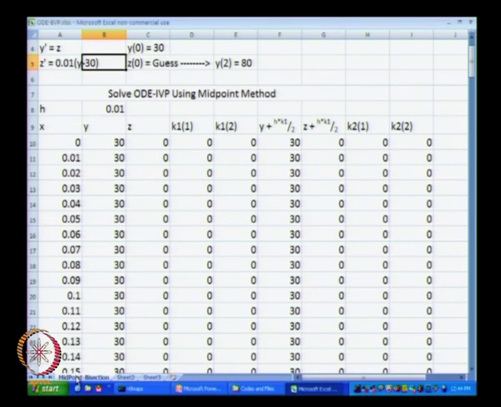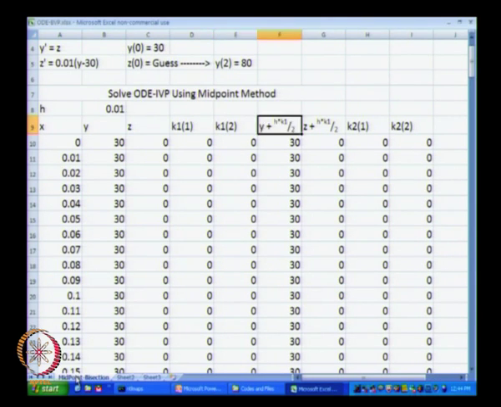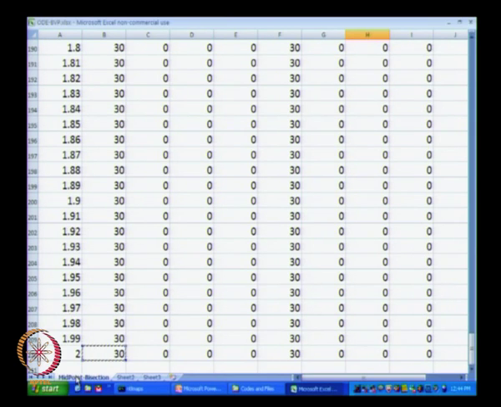So, now we are going to use the bisection method in order to solve this boundary value problem. What I mean by that is, what I am going to do over here is list out the various values that we are going to get. So, our y2 target is 80, okay, and what I am going to write over here is y2 calculated, which is the y value at length of 2.